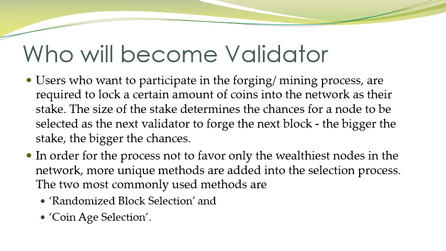Into the selection means who will become the validator in the proof of stake algorithm. For selecting the node as a validator, two common algorithms are used: randomized block selection, and the second mechanism, coinage selection. So we will see randomized block selection and coinage selection.